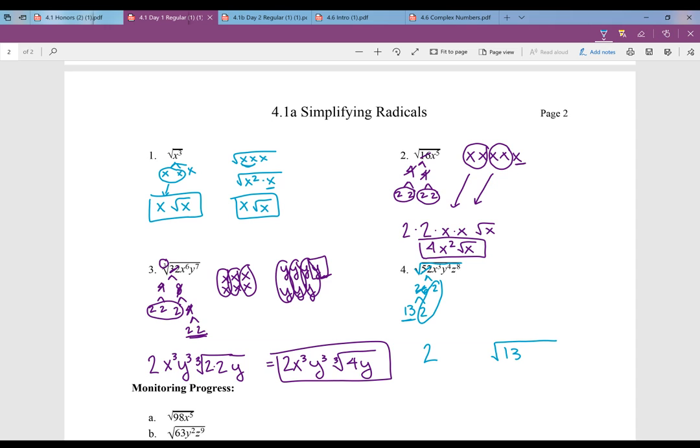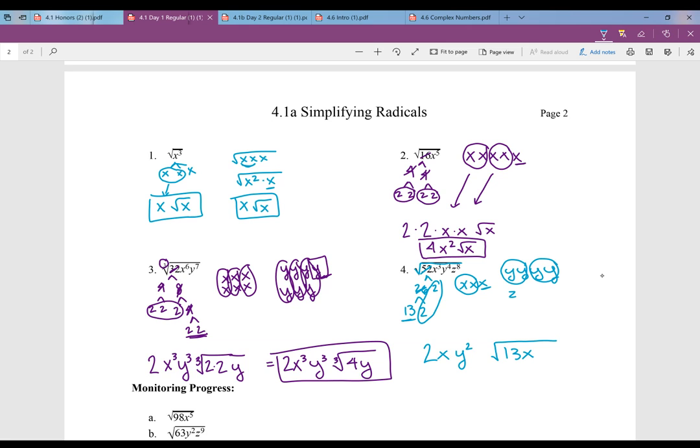Okay, now let's look at the x cubed. x cubed means we have 1, 2, 3 x's. So that's one group of 2 and one that's going to stay under the root. So we pull out 1 x, leave 1 x under. Y's, we have 4 y's. How many groups of 2 is that? 1, 2. And we don't have any left over, so we're just going to pull out a y for each group. So we have y squared because that's 2 y's.